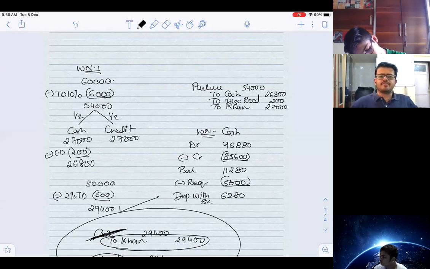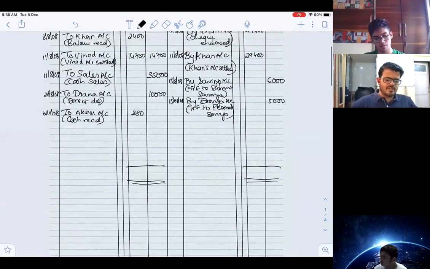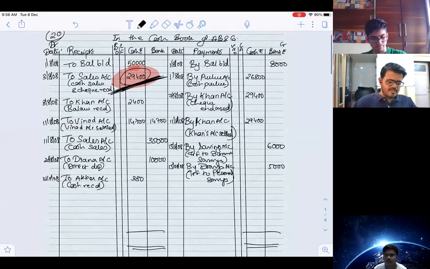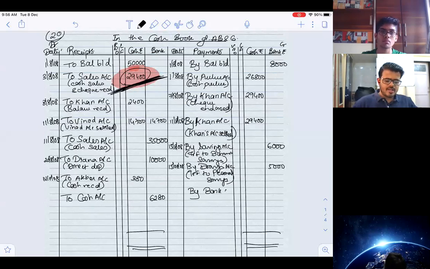What entry will you pass for that? 6,280 जो आपने बैंक में deposit किया, इसका क्या entry होगा? Bank to cash. It's a contra entry. To cash, bank column 6,280, and by bank, cash column 6,280. This is C for contra. This is cash deposited.